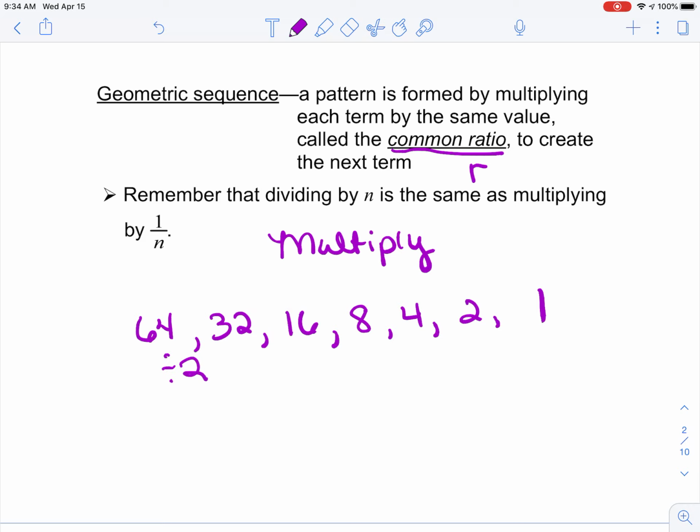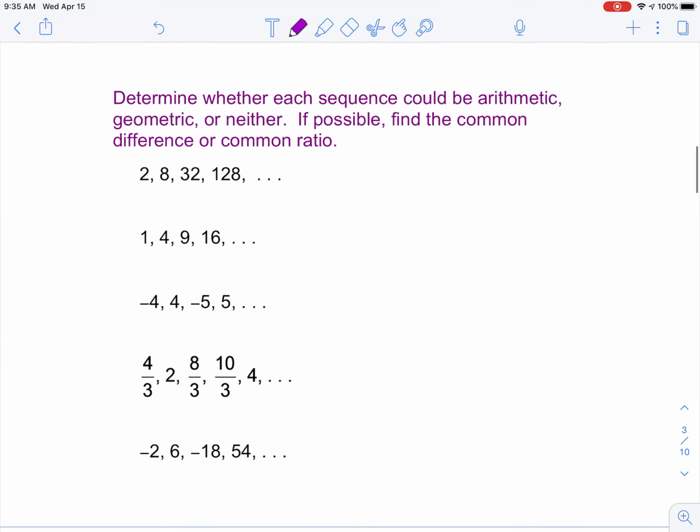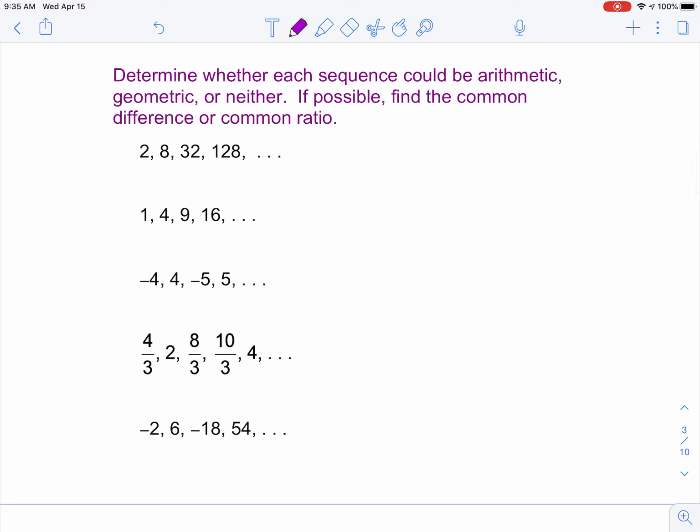Well, what's happening each time? Well, I can tell that I'm dividing by 2. 2 is not my common ratio. If I divide by 2, that's the same thing as multiplying by 1/2. So you always have to use the multiplying number.